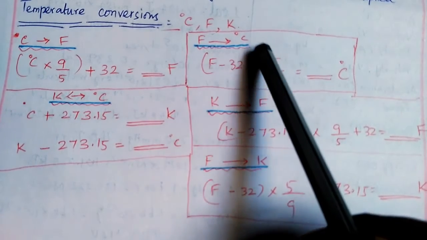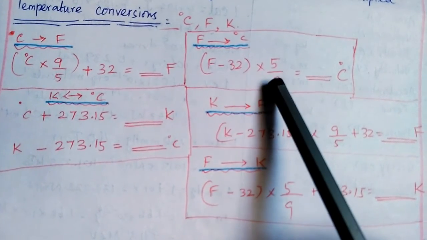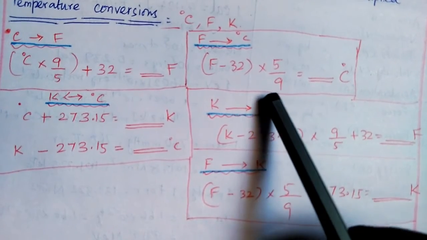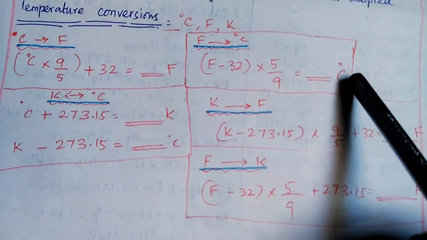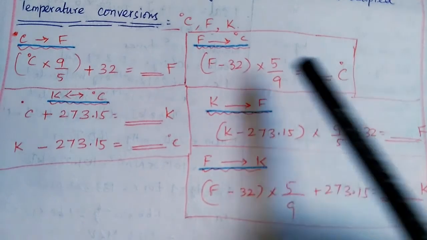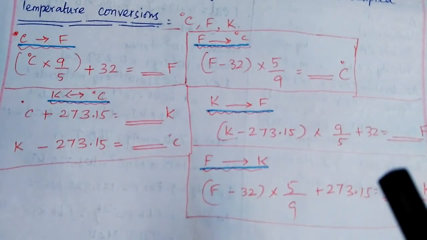So first we should do the simplification within the bracket, and then deal with the 5/9 value. So we will get the answer in degree Celsius. Likewise we can convert a Fahrenheit value into degree Celsius.